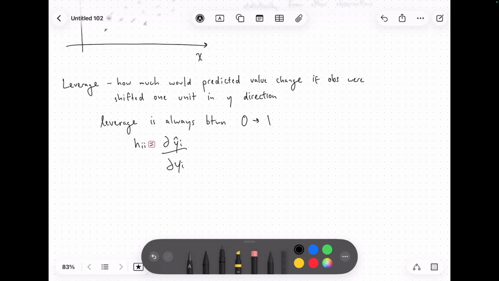So the change in our predicted value from changing the actual value of an individual data point. Okay? And I'll show how to implement this in just a second. First, we're just going to go through the definition of the other one, and then we'll look at implementation in R. So leverage is one example of how to do this.